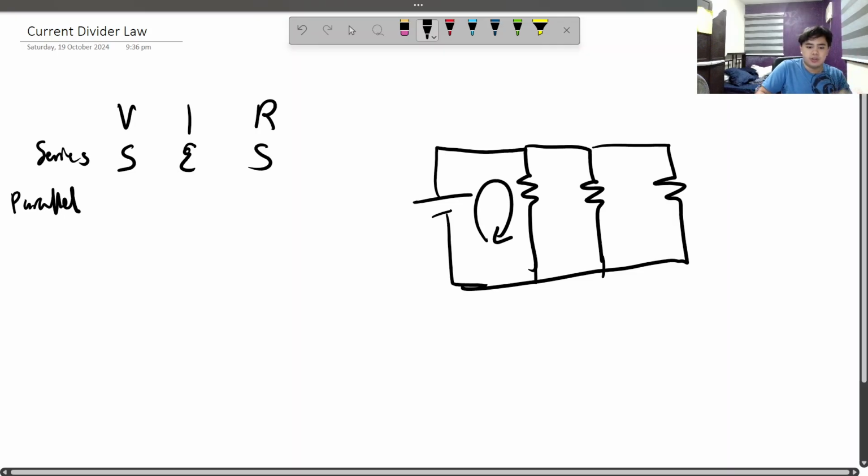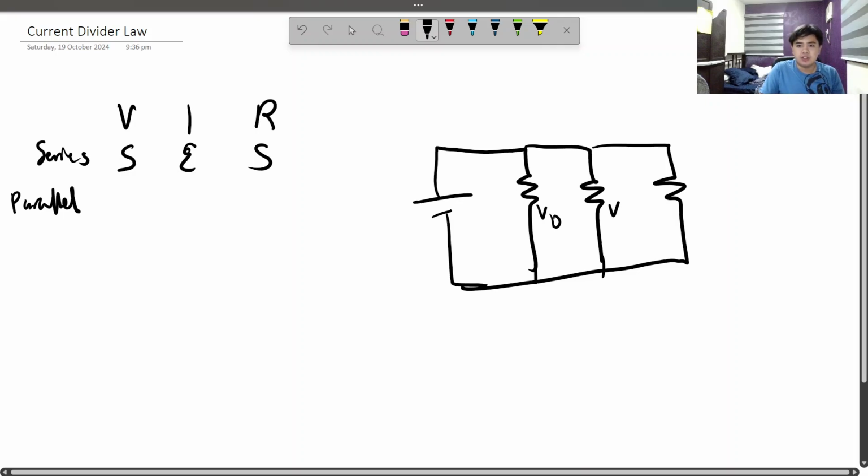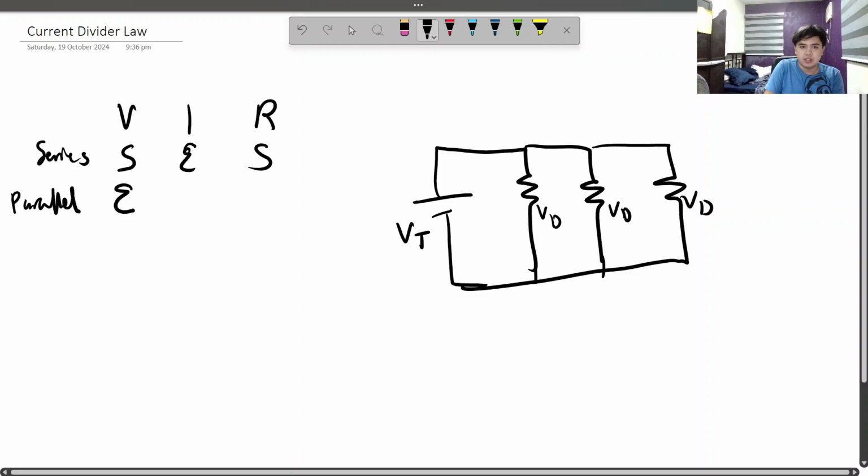This is a loop. This is also a loop. This is also a loop. All of them are loops independent of the other resistors. So the voltage drop here, the voltage drop here, the voltage drop here must be equal to the voltage on the source, which is V total. So this means that voltages in parallel are equal to each other.